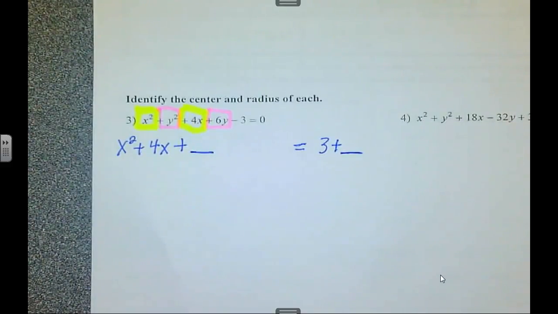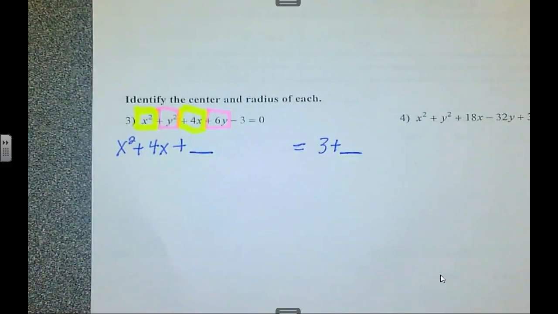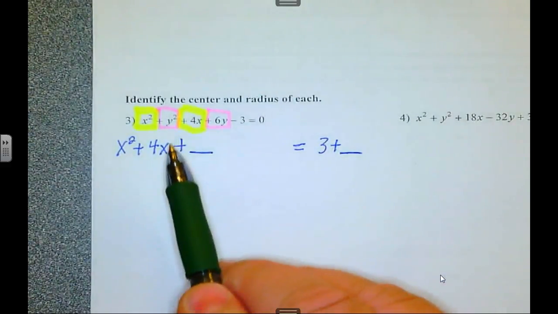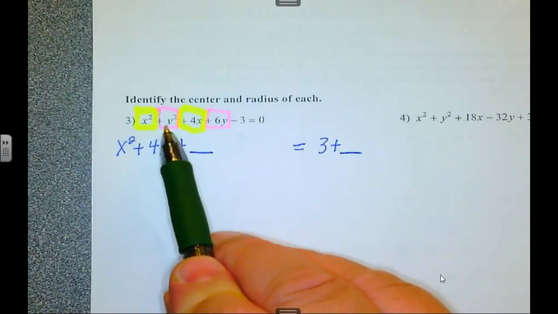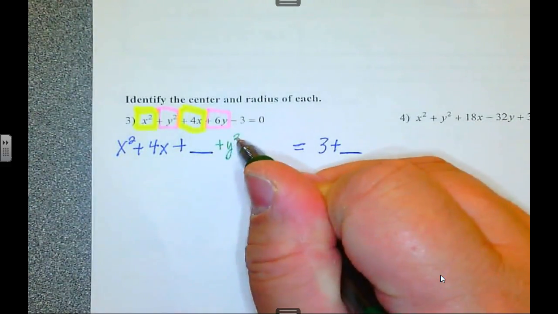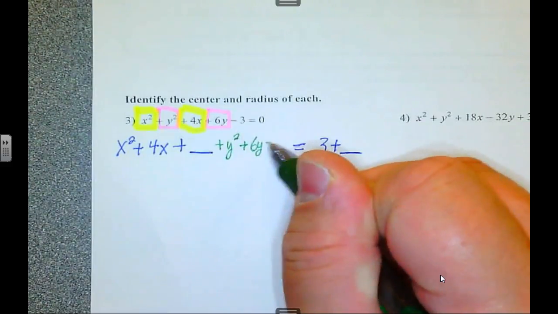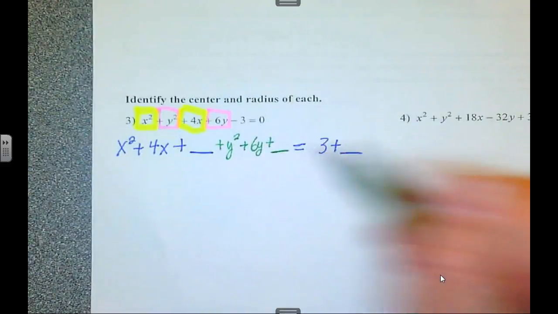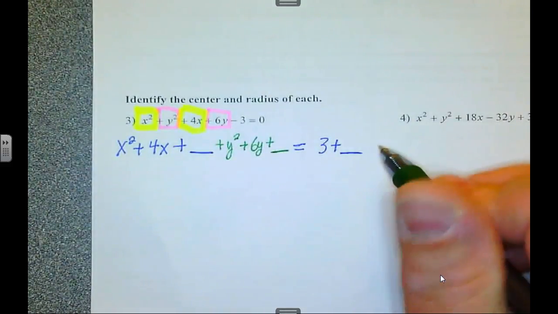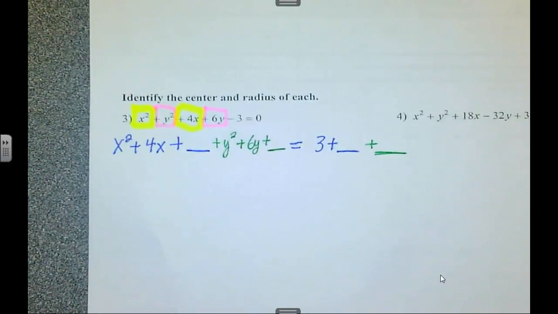Then I'm going to work on the y's. And then I'm going to have y squared plus 6y. And I'm also going to make that one a perfect square trinomial so I can make a perfect square binomial. But I'm going to have to add that perfect square to the other side. You with me?